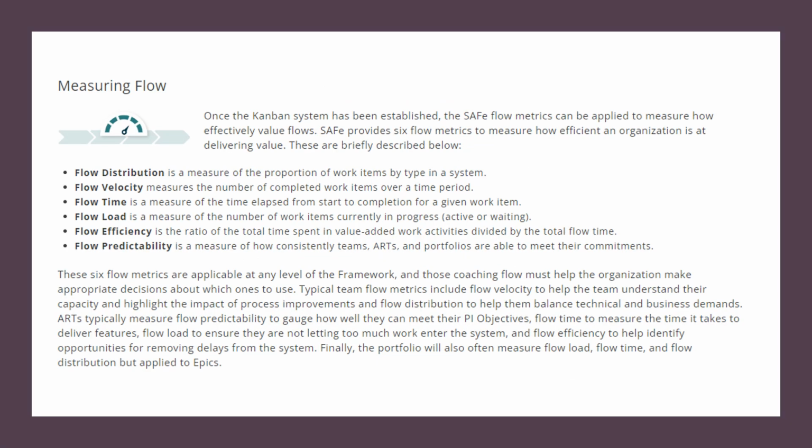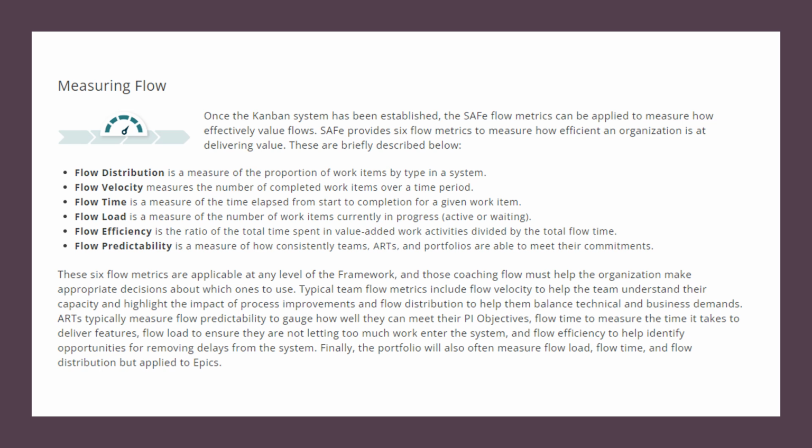Let us try to understand step 3, which is measuring flow. Once the Kanban system has been established, the SAFe flow metrics can be applied to measure how effectively value flows. SAFe provides 6 flow metrics to measure how efficient an organization is at delivering value. These are briefly described as below.